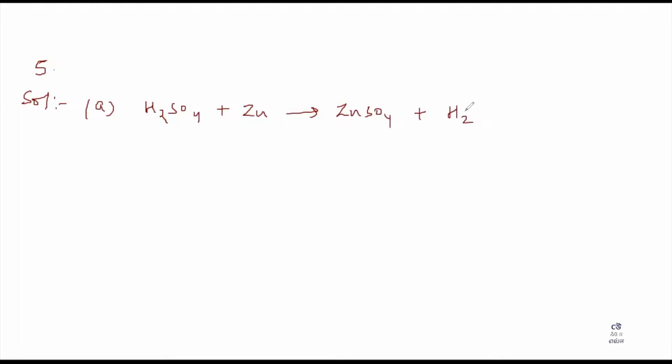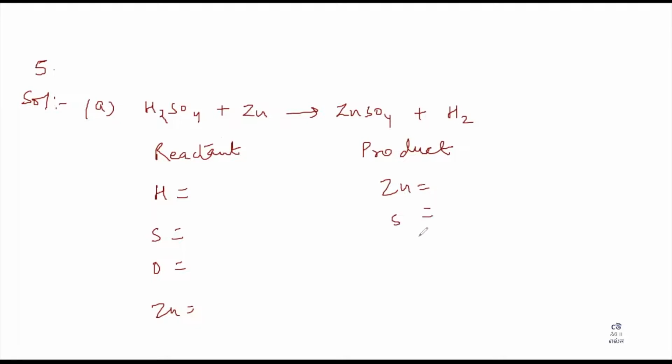Then when it comes to balancing the equation, we have two hydrogen atoms. How to do it, let me tell you once, and later you people also try. Reactant side, product side, we have hydrogen, sulfur, oxygen and zinc. Same way we have zinc, sulfur, oxygen and hydrogen. So how do we find the quantity of hydrogen?